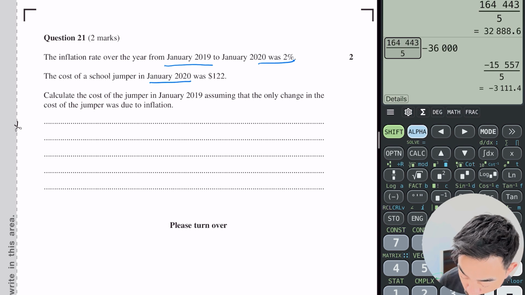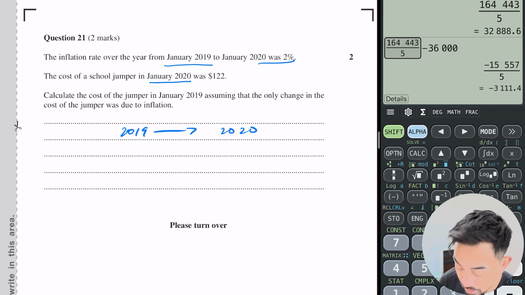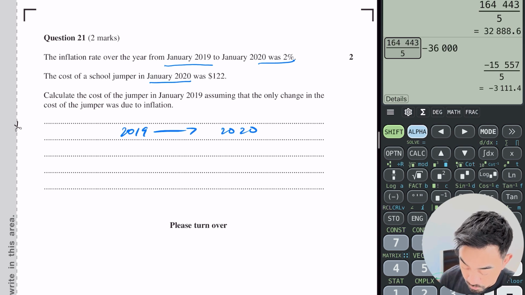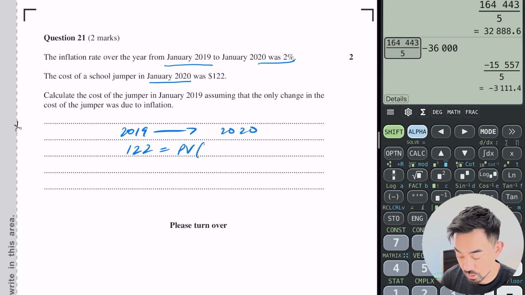Okay, so we're going from 2019 to 2020, and it's going up by 2%. So the future value is actually $122, and we're trying to look for the present value. I know it's a bit whack, but that's what's happening. It's gone up by 0.02 over 1 year.